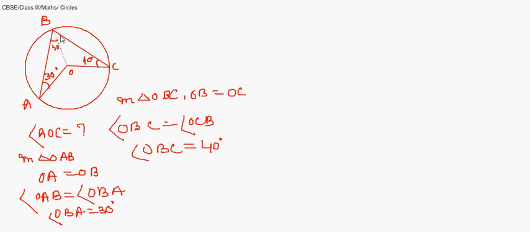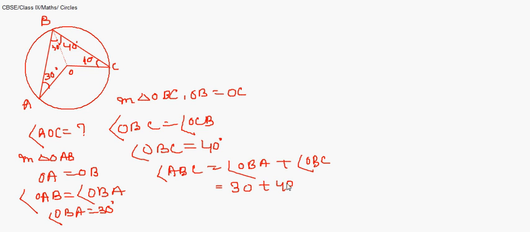So this is also 40 degrees. Now the whole of angle ABC is equal to angle OBA plus angle OBC, thereby making it 30 plus 40, and that's 70.